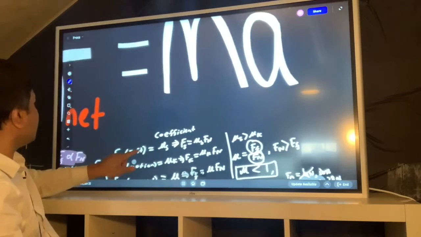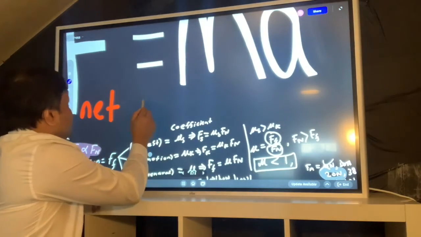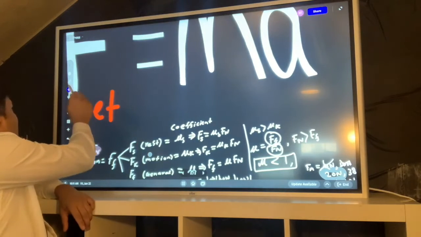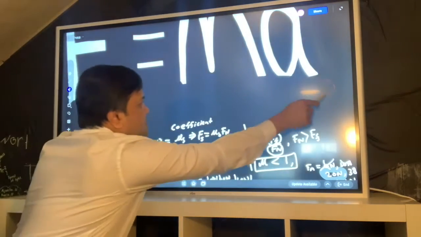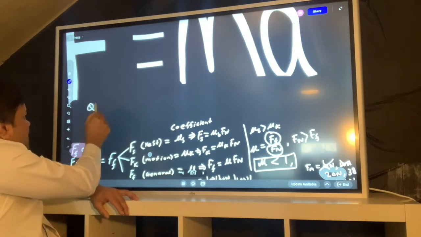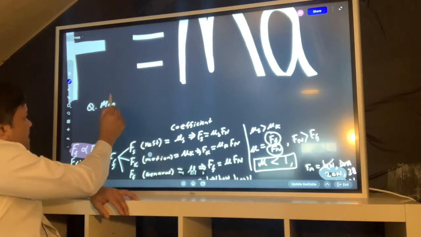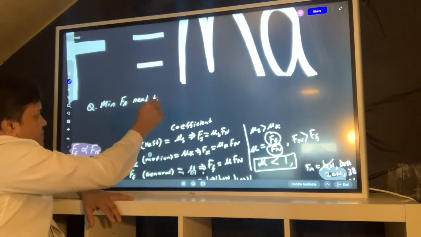So the question is, minimum applied force needed to move this box.